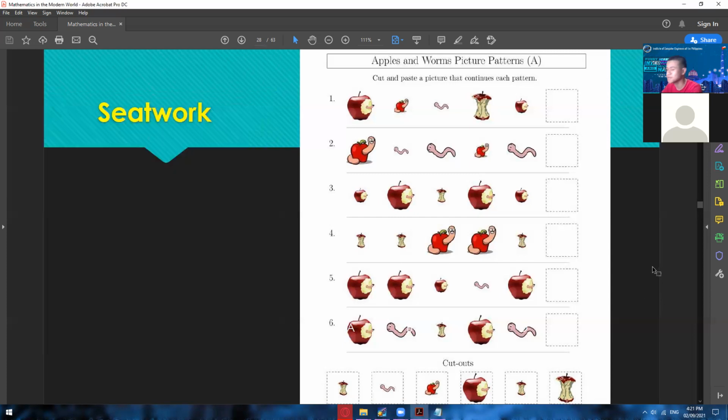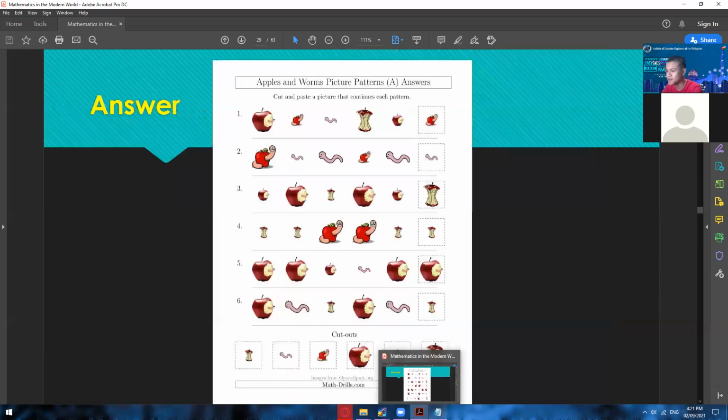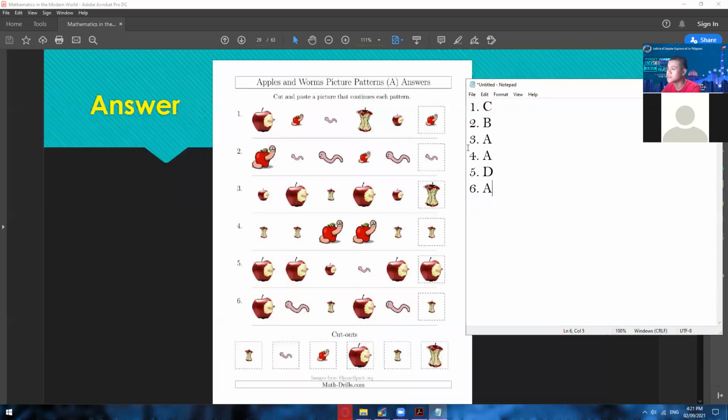Okay, so it seems that most of you were able to get the correct answer. So the number 1 is letter C. Number 2 is letter B. Number 3 is letter, okay, so this is incorrect. So I hope there are others who were able to get number 3.